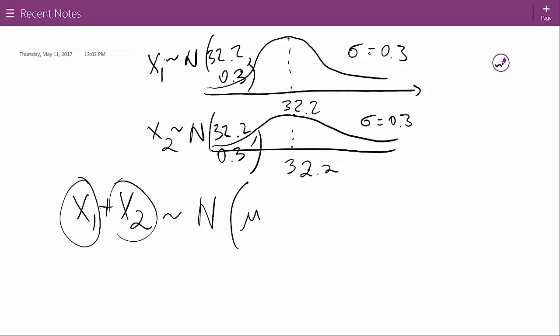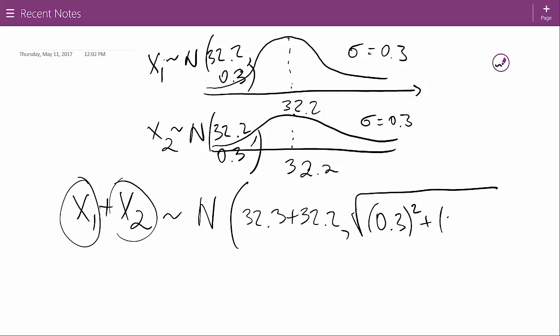So it's mu1 plus mu2: 32.2 plus 32.2. That's going to be the mean for the sum of two bottles, right? Standard deviation is not that pretty. It's going to be the square root of the first standard deviation squared plus the second standard deviation squared, right? So that's how two bottles combined together are going to be distributed.